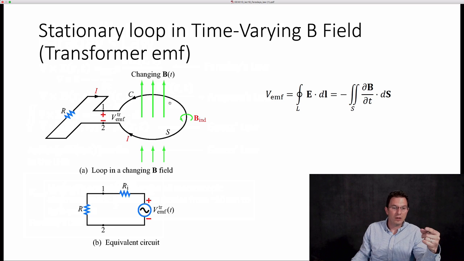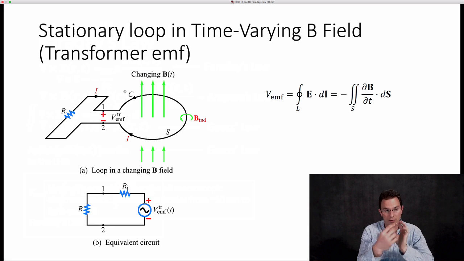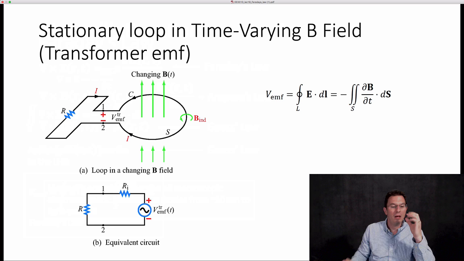And what Faraday's law guarantees is that so long as you don't bring this little straight part of the wire and this little straight part of the wire together such that you short them, so if you keep them separated, then there will be a voltage, a potential difference that develops between this side of the loop and this side of the loop at this point right here.